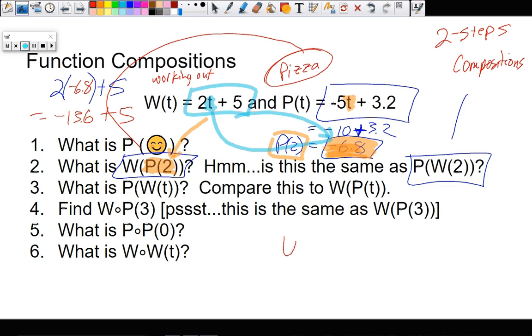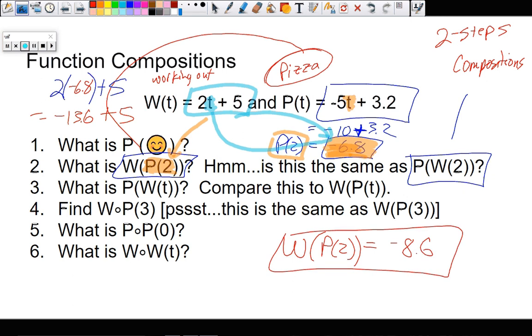So W of P of 2 ended up becoming at the very end a negative 8.6. It was a two-step process where I grabbed a 2, I plugged it into P. Whatever you got as an output, you ended up throwing it into W as W's input to see what the answer was. And in this case, it's negative 8.6.